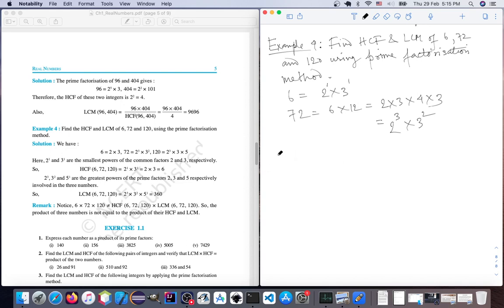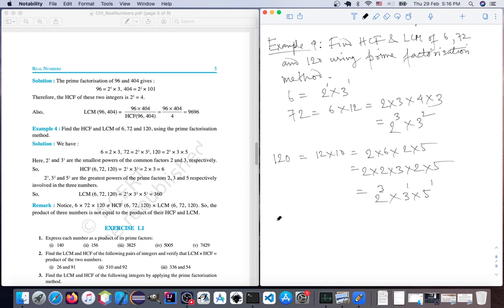Okay, so 120 is 12 into 10, which is 2 into 6 into 2 into 5. This is 2 into 2 into 3 into 2 into 5. This is 2 cube into 3 to the power 1 into 5 to the power 1. So we have done the prime factorization of the given three numbers.